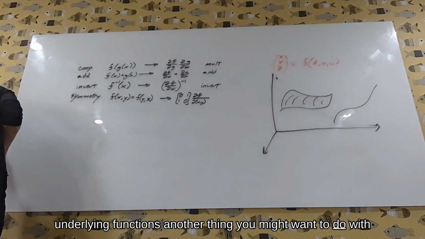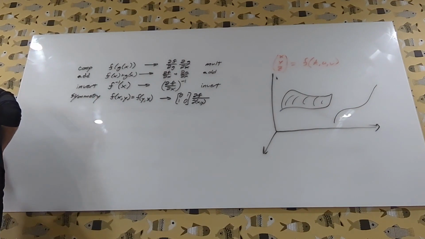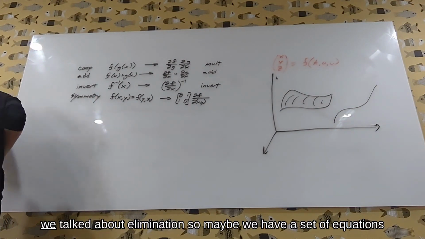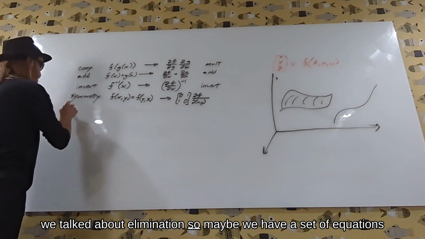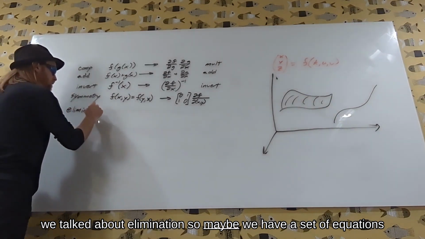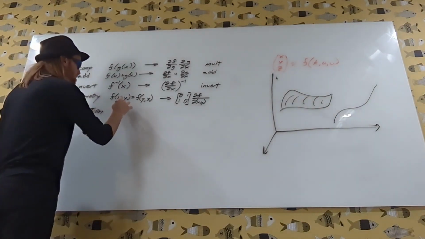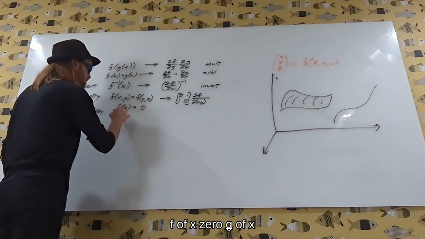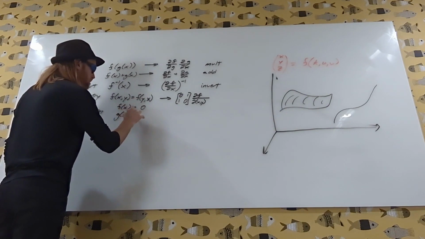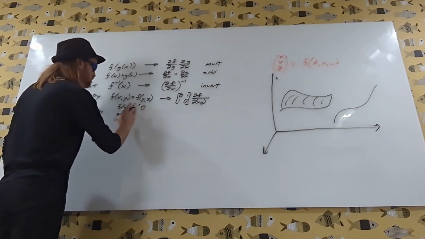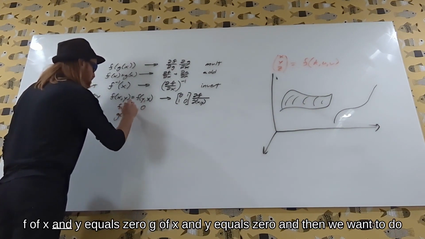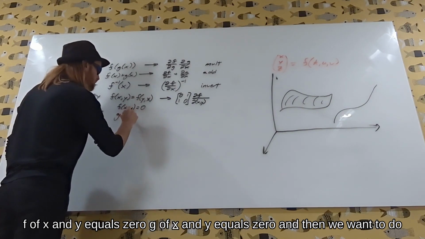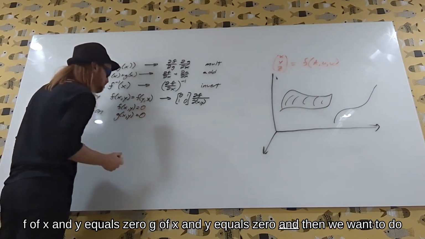Another thing you might want to do with some functions, we talked about elimination. So maybe we have a set of equations, f of x and y equals 0, g of x and y equals 0.